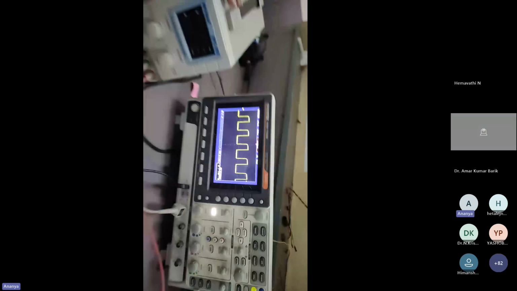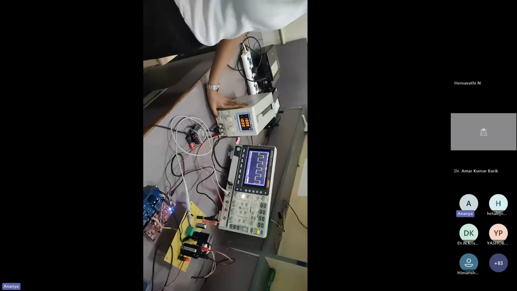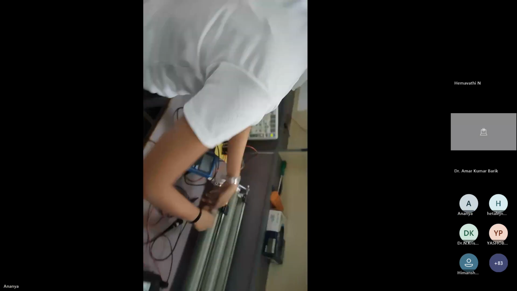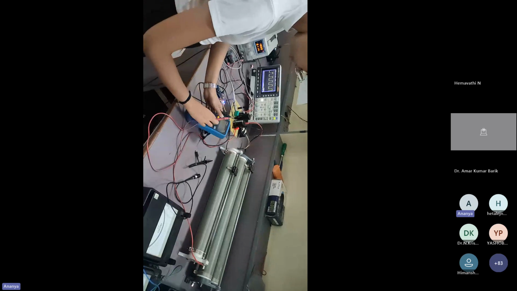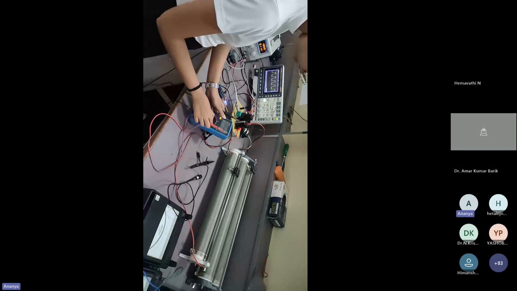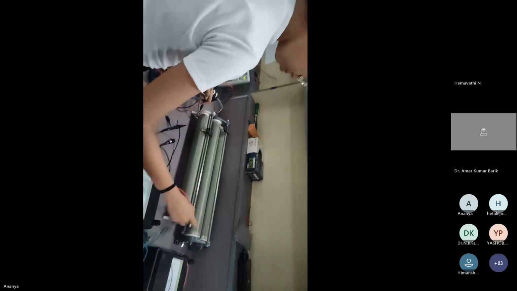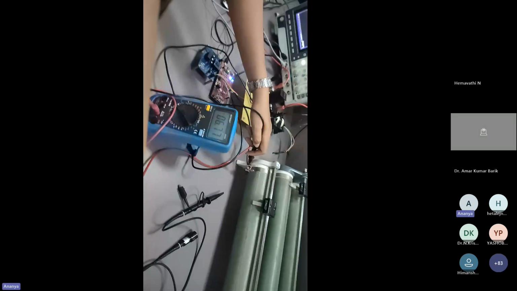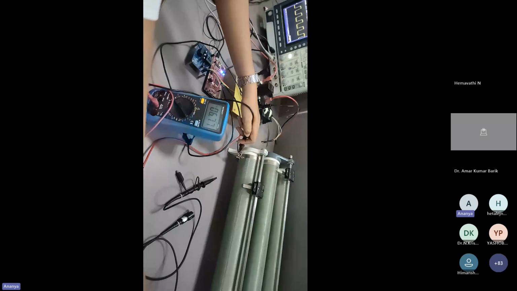Now we'll give supply to the buck converter. As it is shown, it's 6.77 volt.